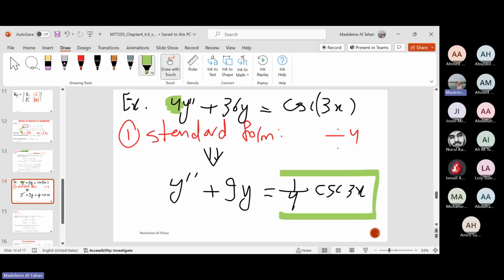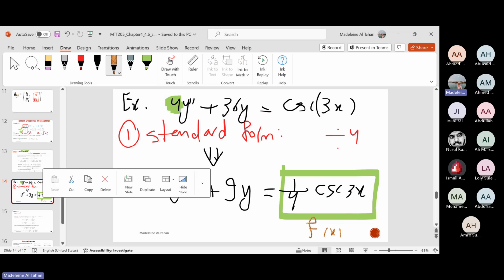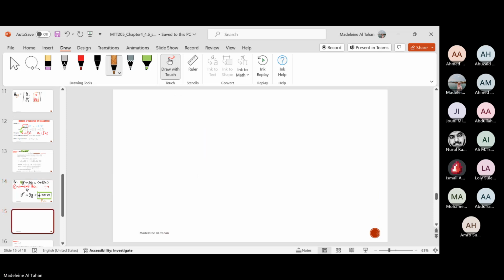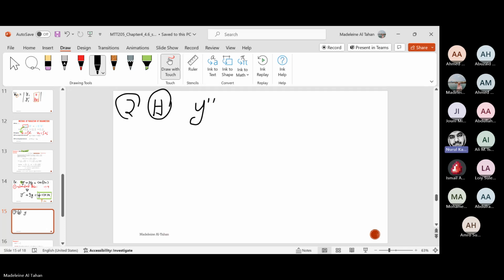Now this one will be our f of x, right? Right, miss? Yes. Okay, Noor, what's the homogeneous equation here? The associated homogeneous differential equation. Is it y double prime plus 9y equals 0?